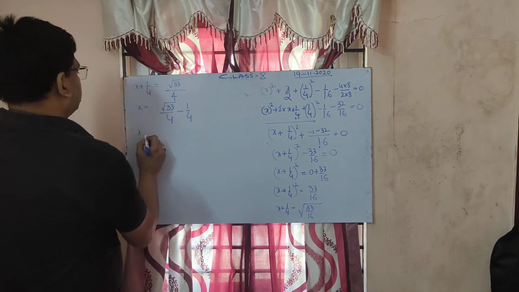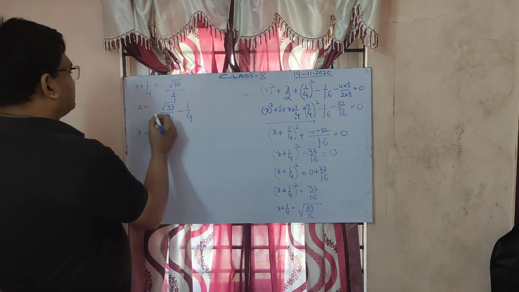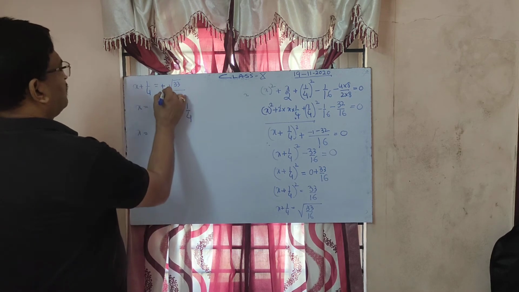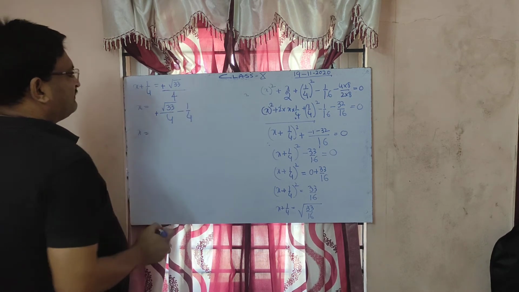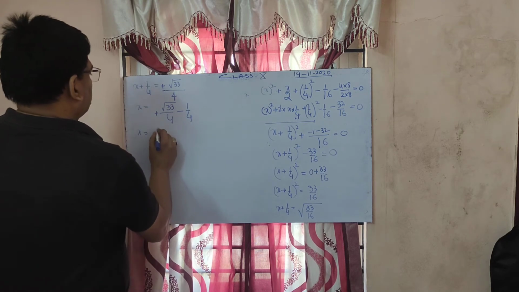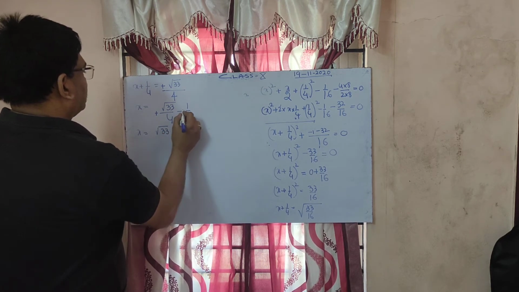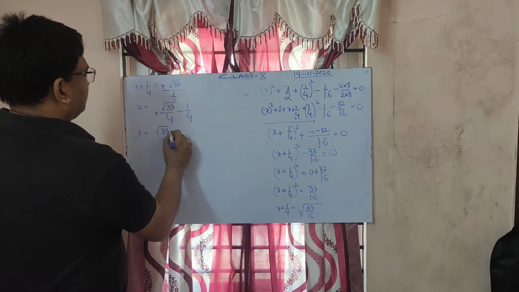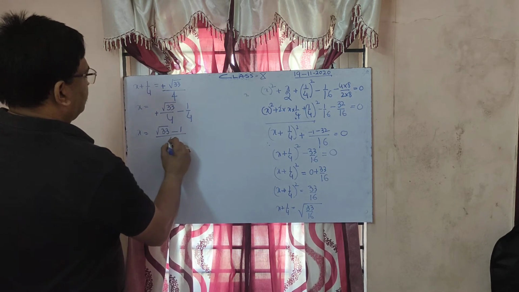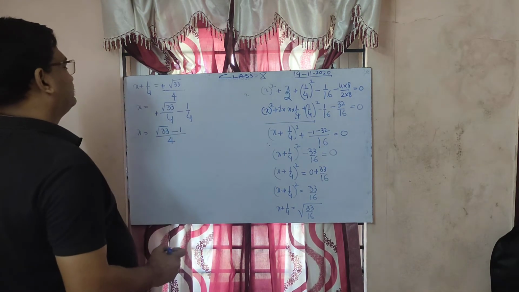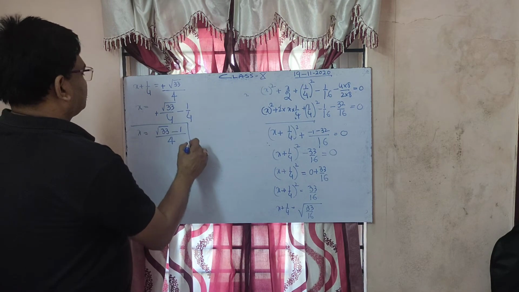Now I told you this is plus or minus. Let us take first plus root 33. The base is the same, so root 33 minus 1 divided by 4 is the first value of x.